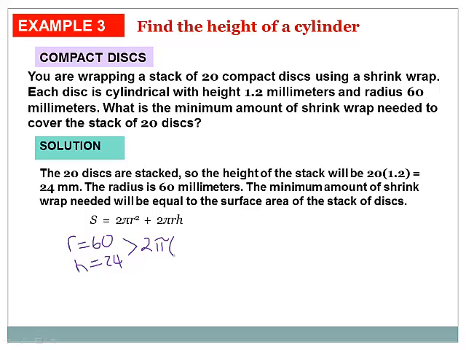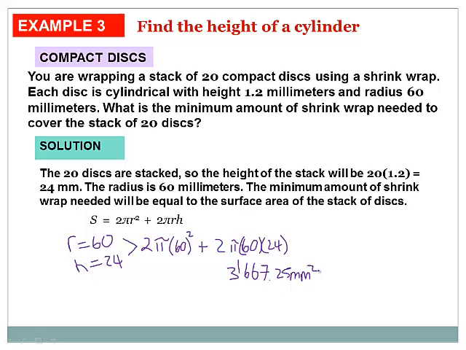We have the radius, which is 60, quantity squared, plus 2 pi r, which is 60, times h, which is 24. When you calculate that out, you get 31,667.25 millimeters squared of shrink wrap.